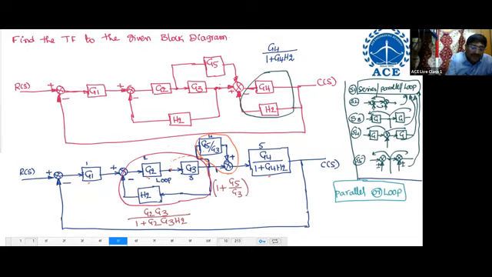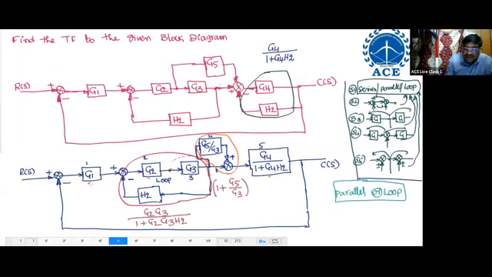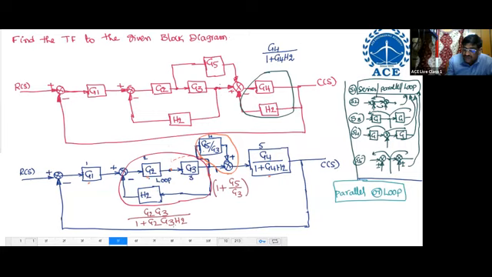C of S by R of S equals the product: G1, G2, G3 divided by 1 plus G2, G3, H2.